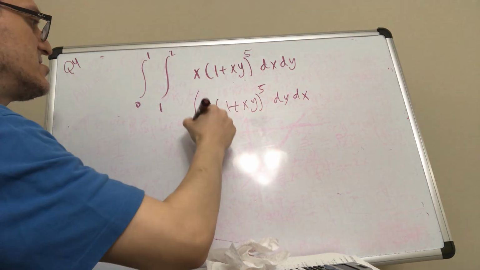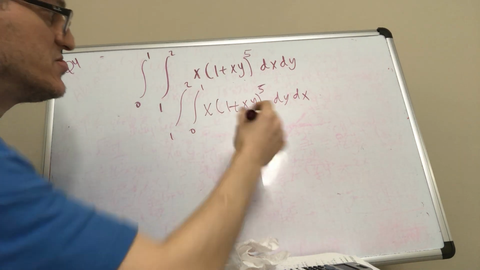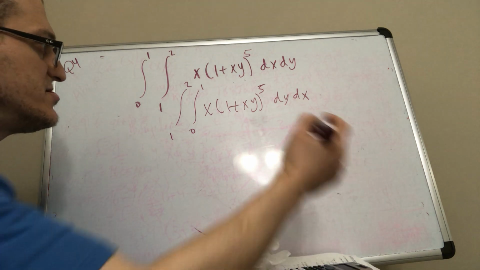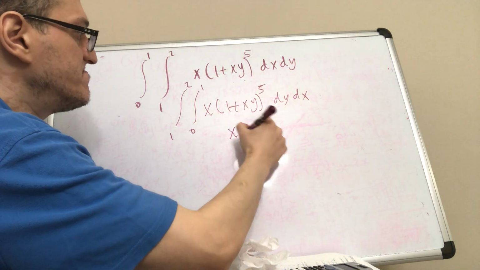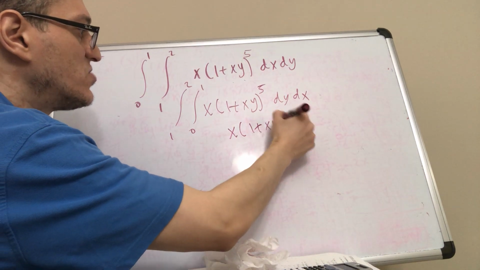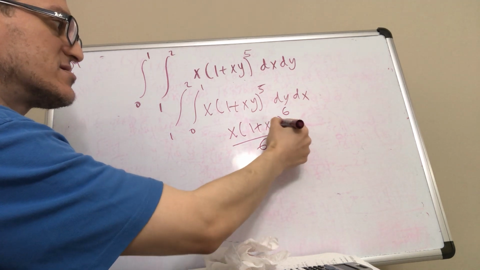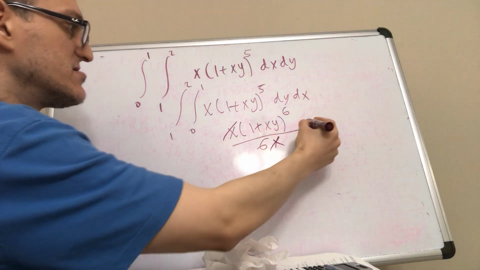So if I switch the x and y, if you do this integral with respect to y, all you need to do, because everything else is a constant, it would be (1 plus xy)^6 over 6 over the constant of y, x, so cancel, cancel.